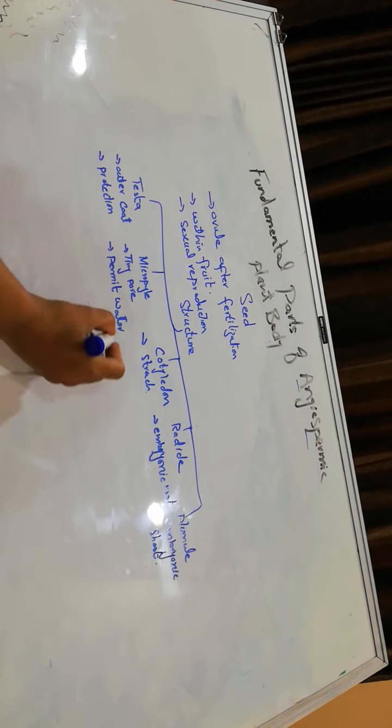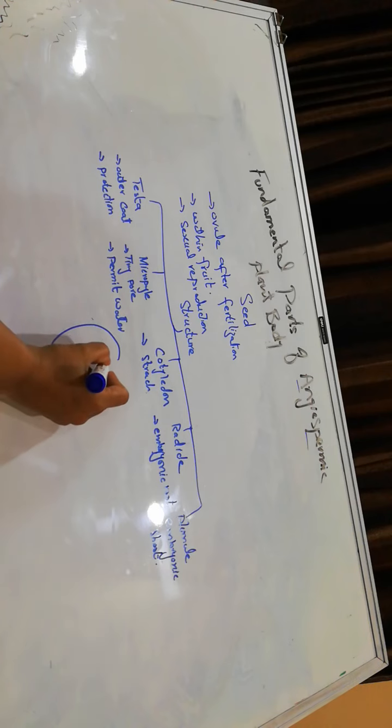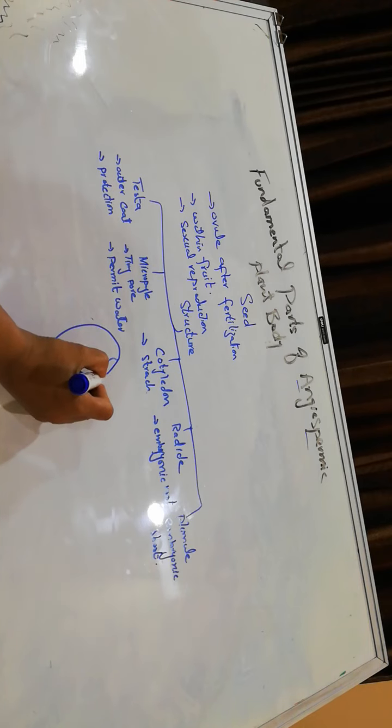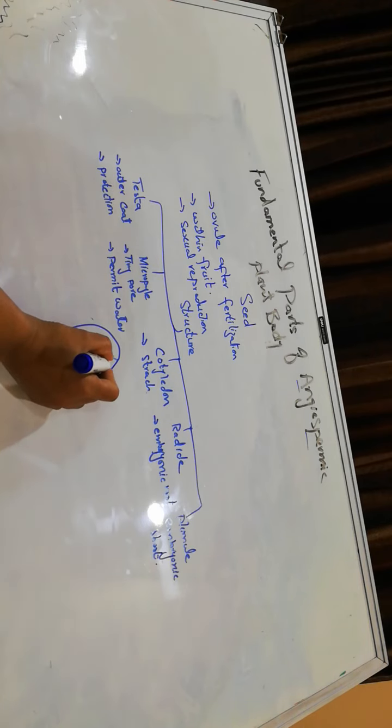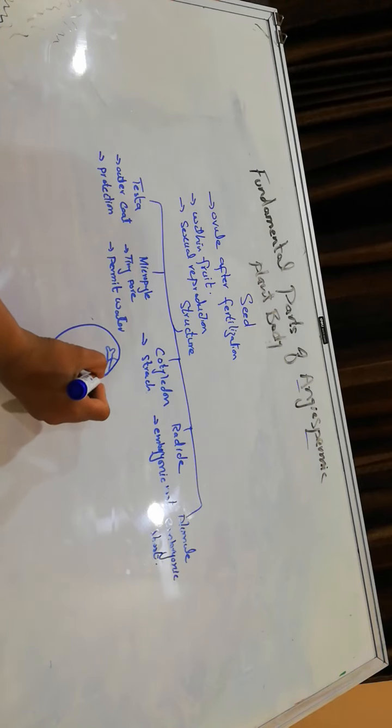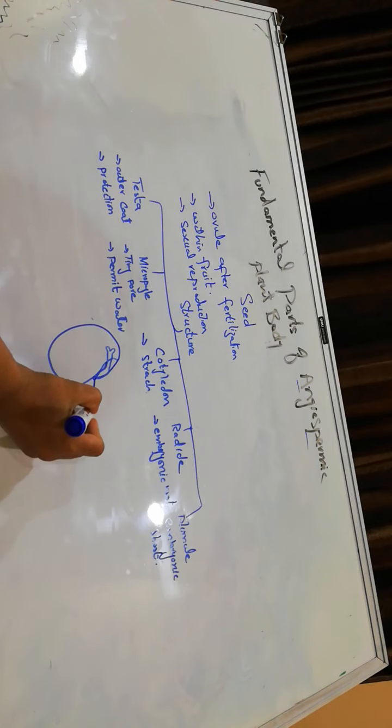If we draw a structure of the seed, then you can see that seed could be like this. This is the micropyle.